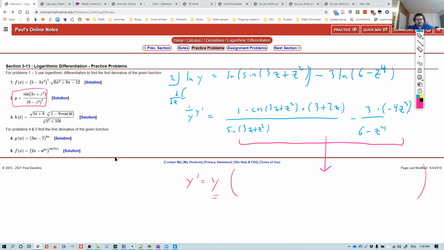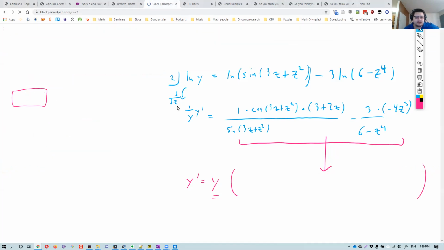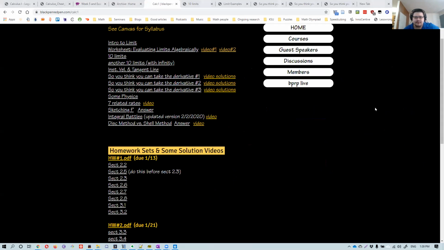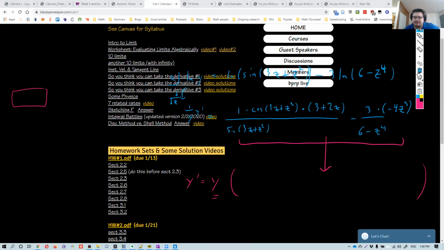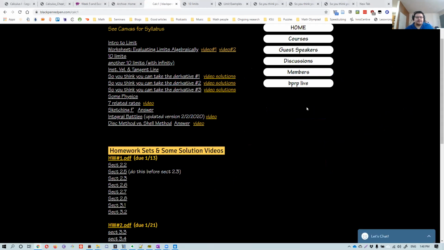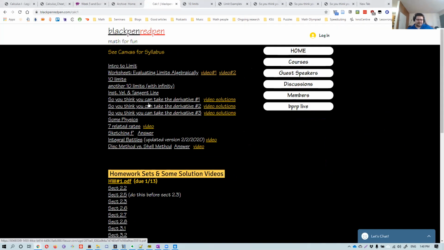And then you also mentioned some stuff about practicing various rules. I have one idea for how we would do that. Let me hide the scribblings. I should probably just clear all the scribblings. I don't need these anymore. I don't remember if I emailed out Black Pen Red Pen's website, but the reason I'm calling him out is because he has these worksheets, so you think you could take a derivative, with video solutions.